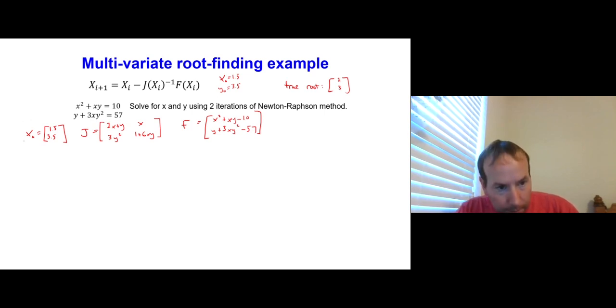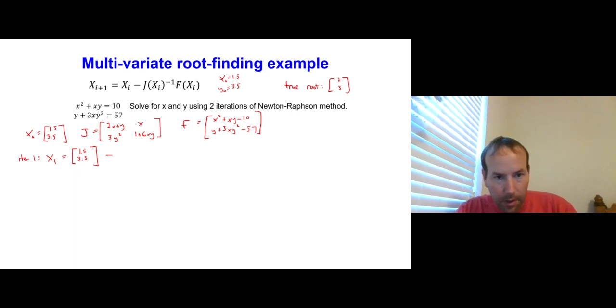So on iteration 1, you say x1 equals x0 minus, and now remember we got the Jacobian.